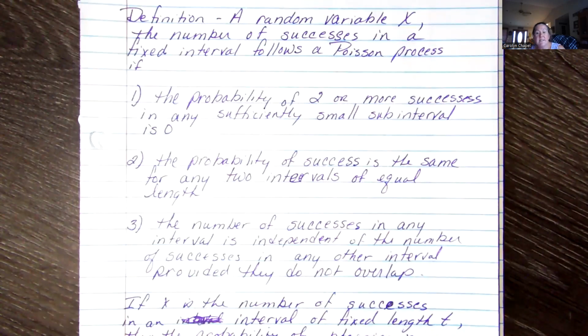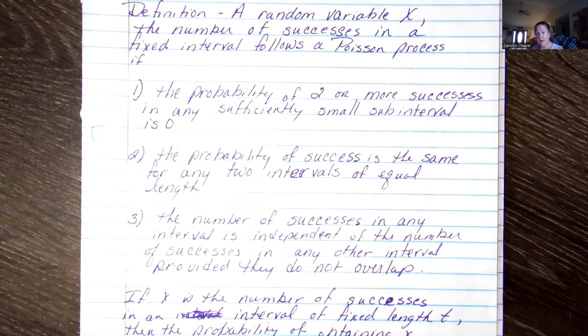And the third criterion is that the number of successes in any interval is independent from the other successes, as long as they don't overlap. So Tuesday of this week is independent from the people that come in our checkout line 3 weeks from now.